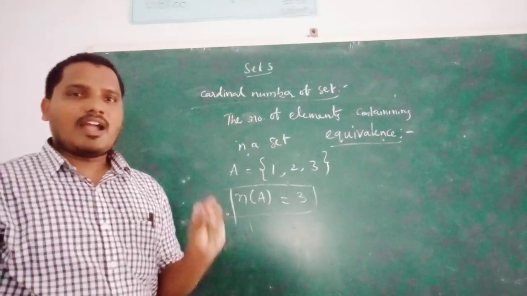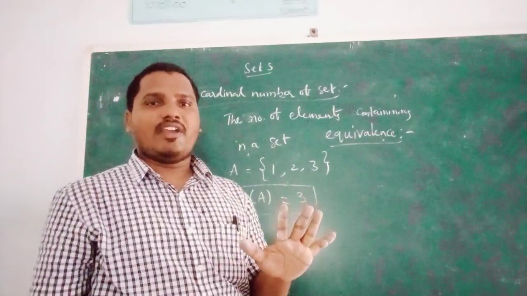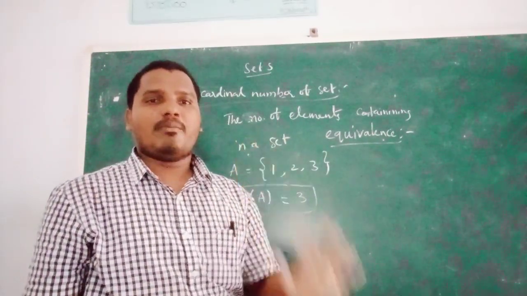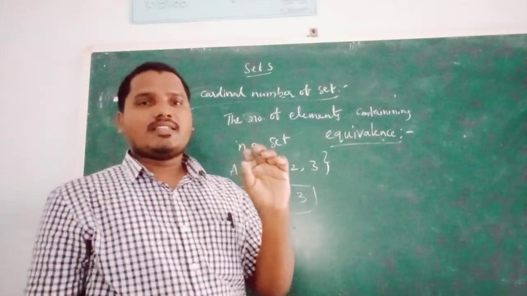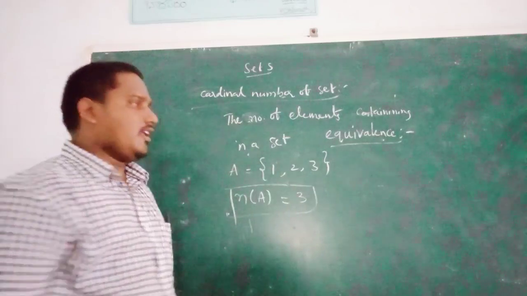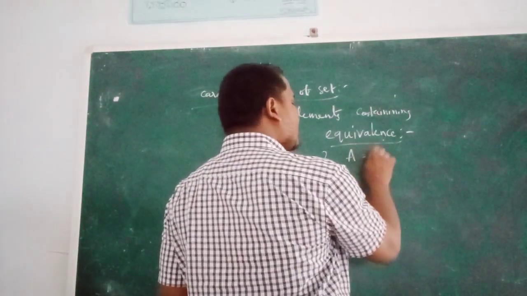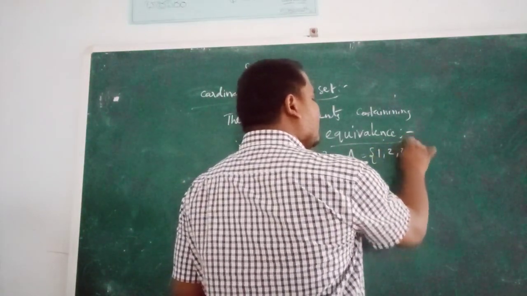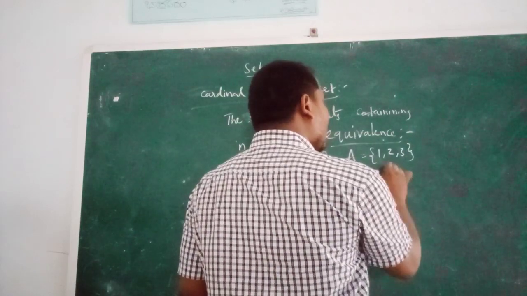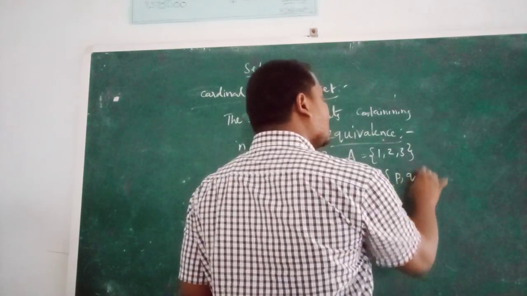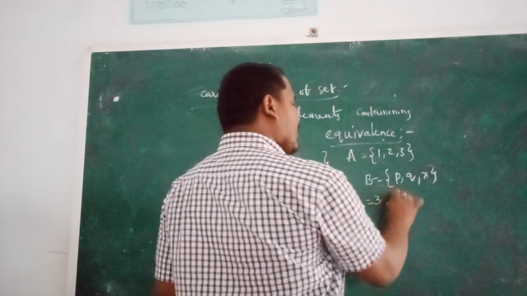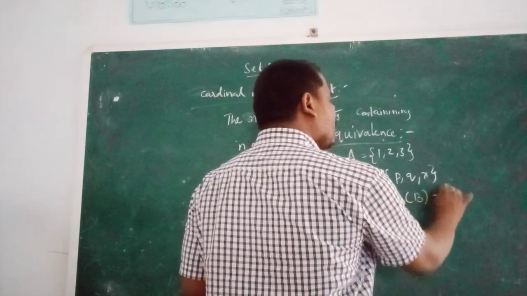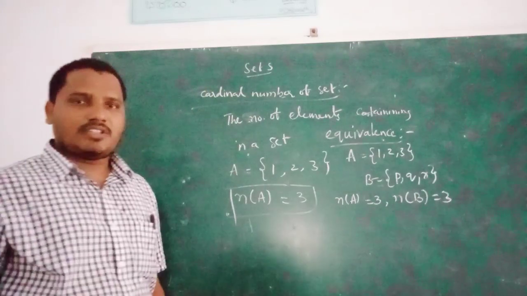Suppose A is equal to 1, 2, 3, and B is equal to the set of P, Q, R. n of A is equal to 3 and n of B is also 3.